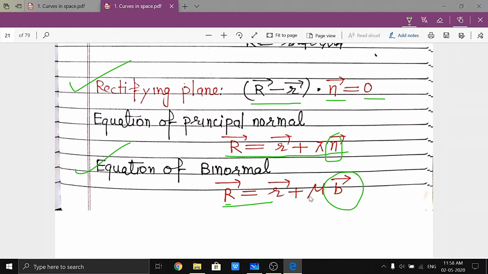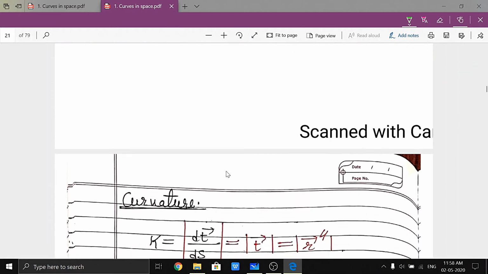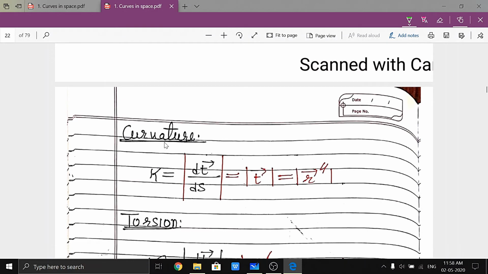Lambda and mu are scalars. These are the equations of the principal normal and binormal, and we already know the tangent. These definitions are very important.